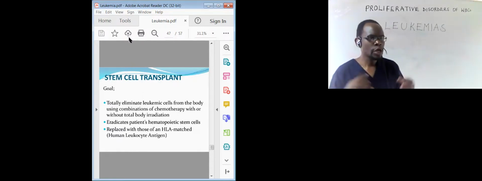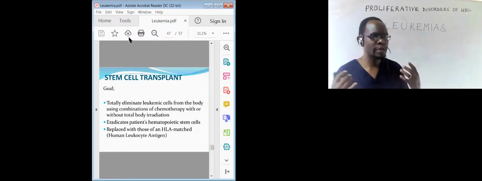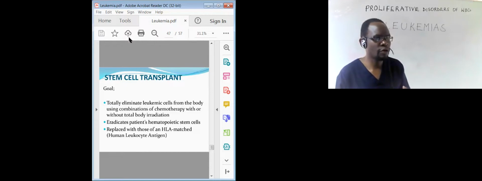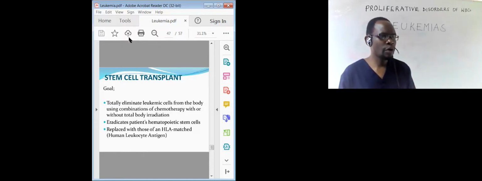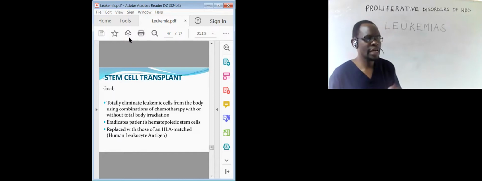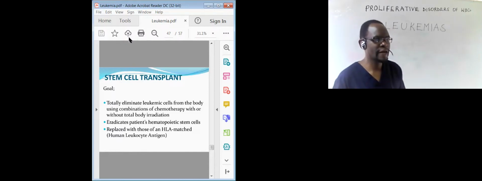To totally eliminate the leukemic cells from the body, you use a combination of chemotherapy with or without radiation. Then it eradicates the patient's hematopoietic cells.